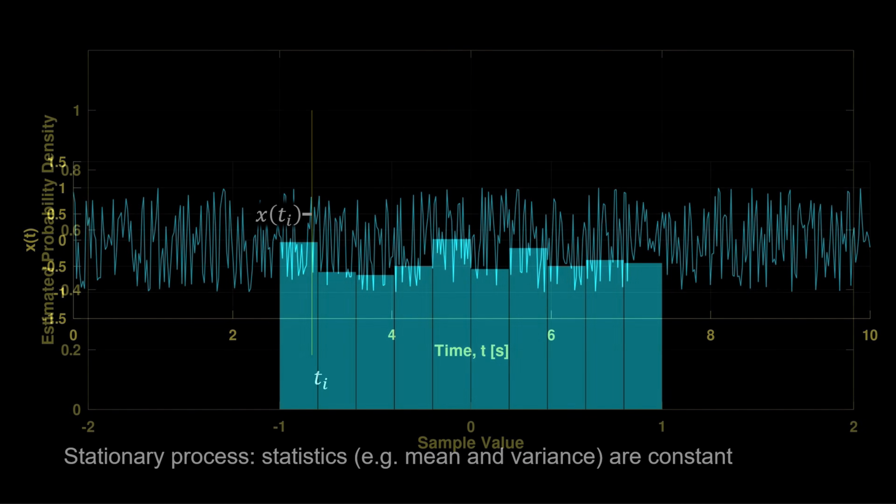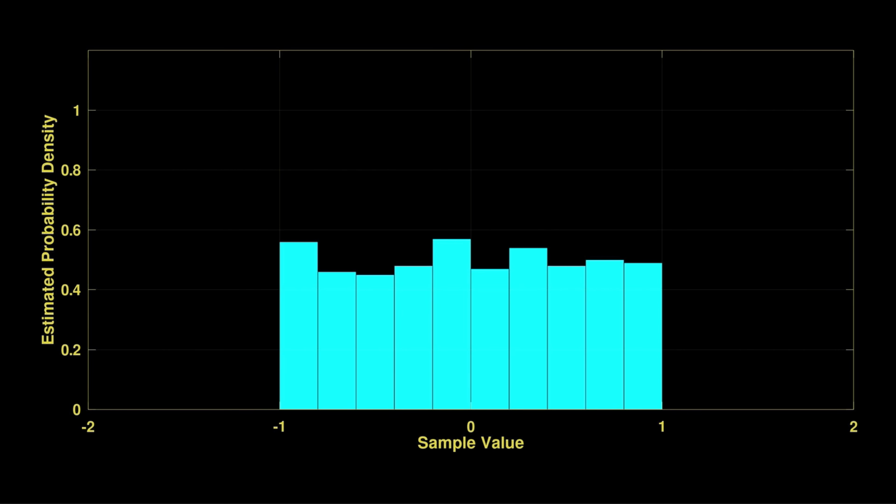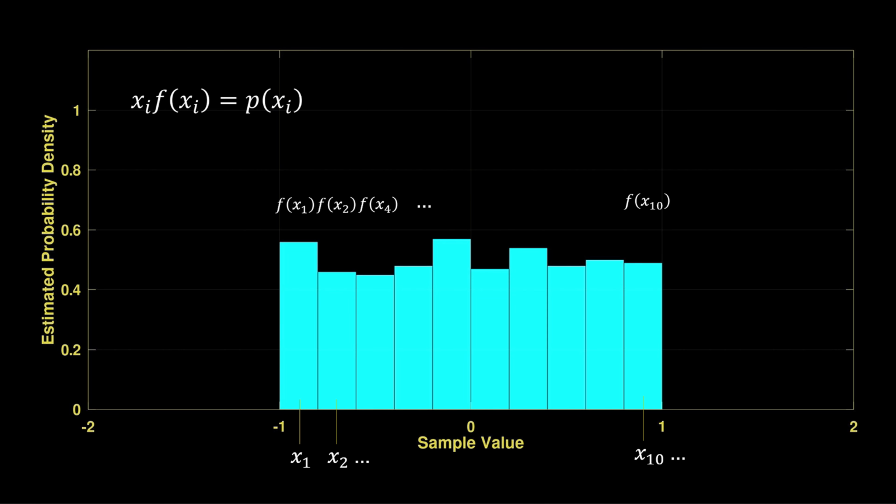Consider for the moment that our previous PDF corresponded actually to 10 discrete outcomes, x1 through x10. If we multiply the PDF of achieving one outcome, f of xi, by that outcome, xi, we get the probability of xi occurring.